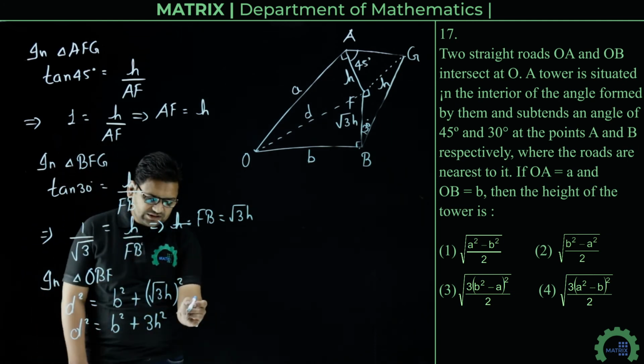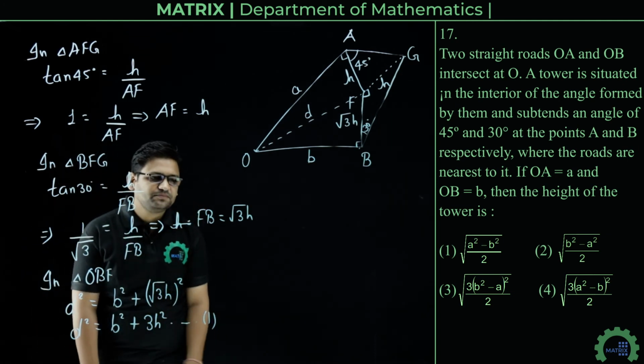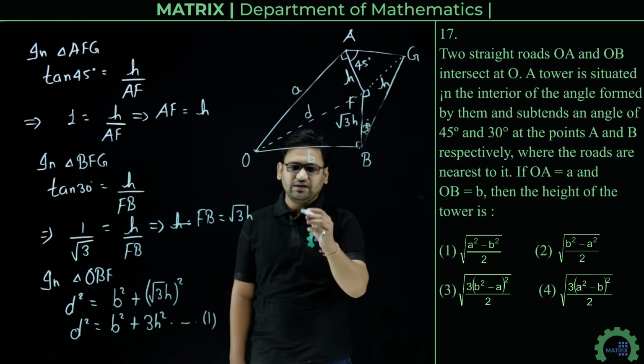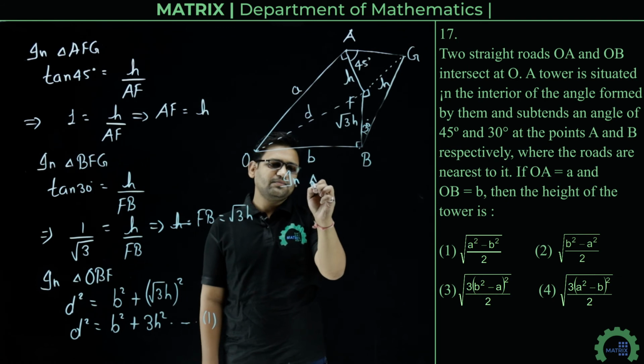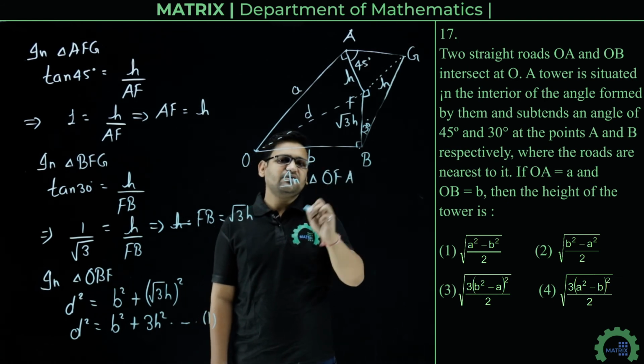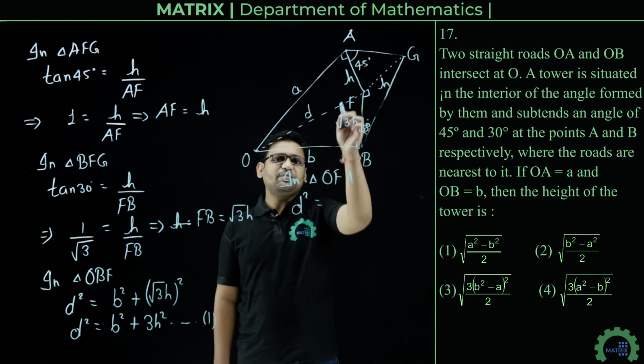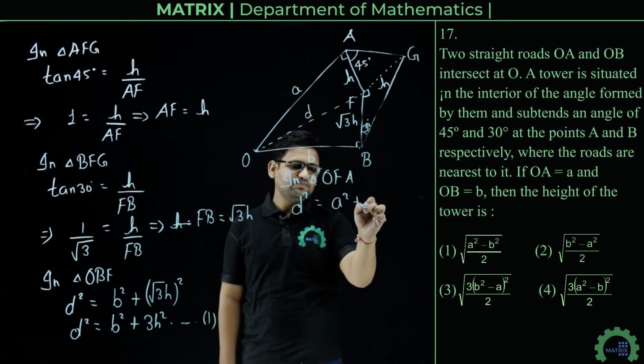Let's say this is equation number first. And again in triangle OFA, we can write d square is equal to a square plus h square by Pythagoras theorem.